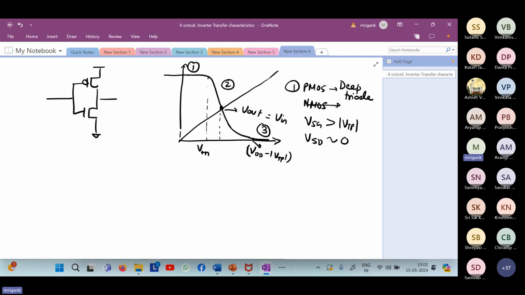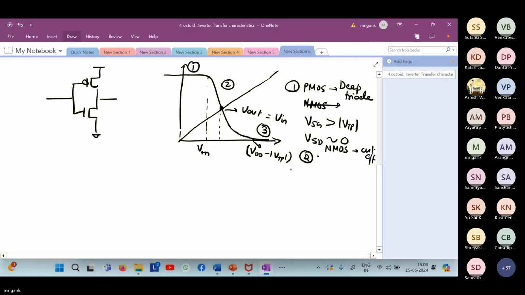So definitely this is the condition for deep triode operation for the PMOS. Is that clear? NMOS, anyway, we know that it is cut off, because the NMOS gate voltage is lower than VTN, so it is cut off in region 1.